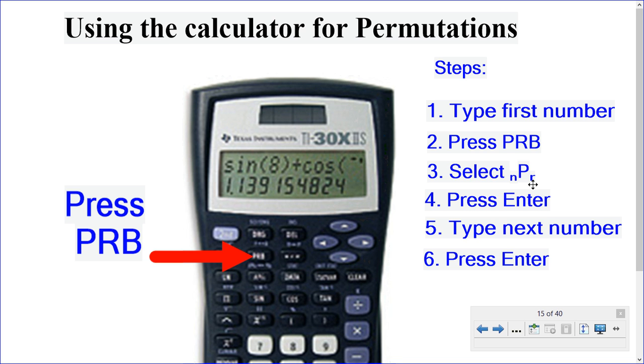Like the example we had before, 8 people were in the race, but only 3 places were awarded. So that's what we mean by rate of usage. So if you press enter and type the next number, and press enter again, you would see that you'll get that answer. So those are good steps if you're going to use your calculator to do it.